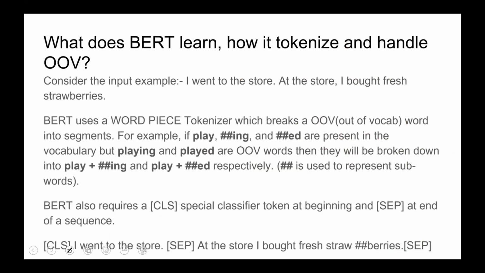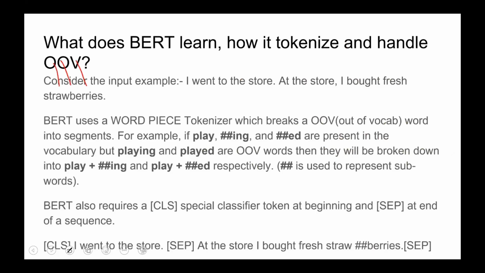So what does BERT basically learn? How does BERT work? That we will talk about. First and foremost, it extracts all the tokens from the sentence. What are tokens? Simply the words. It will also check whether that word is present in the dictionary or not. If the word is not present in the dictionary, then it would be an out of vocabulary word.